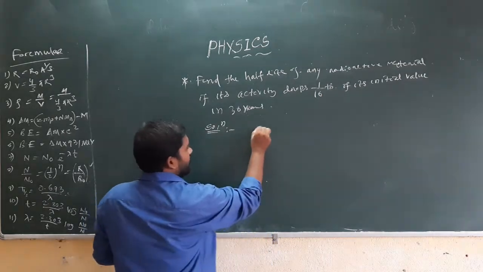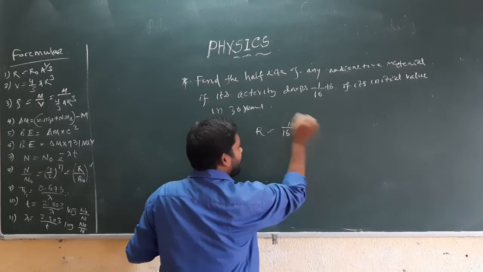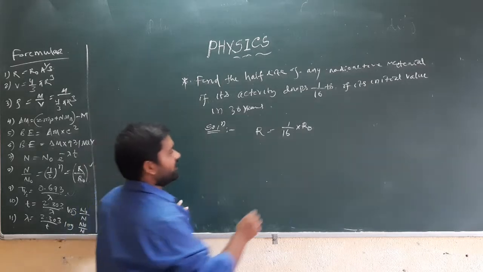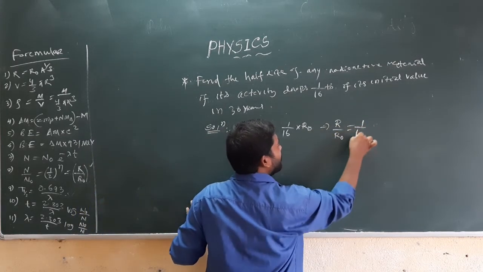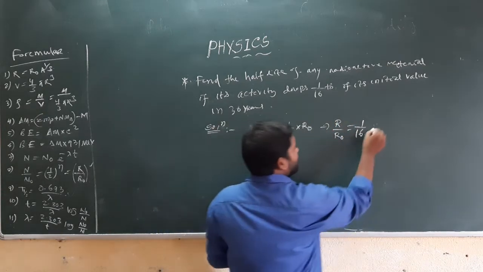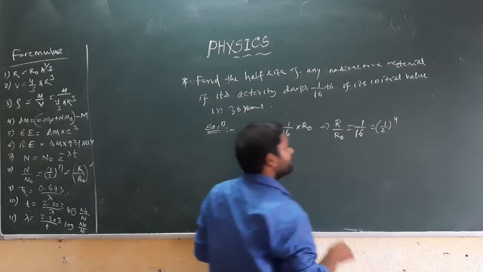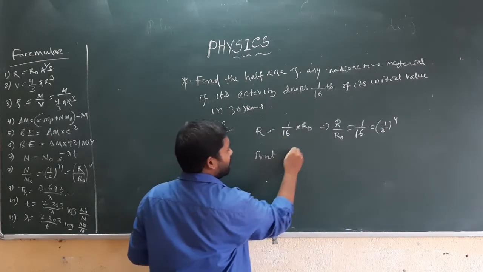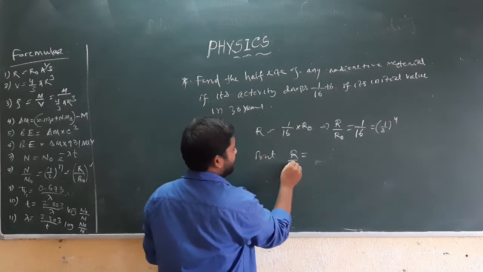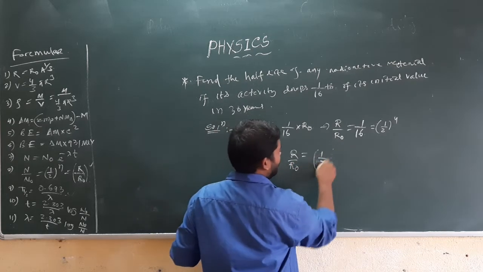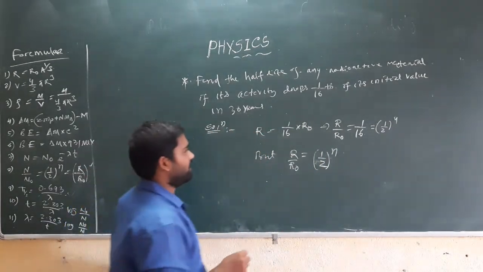So R equals 1/16 of R0, and R by R0 equals 1/16. This equals 1/2 power 4, but the general formula is R by R0 equals 1/2 power n.